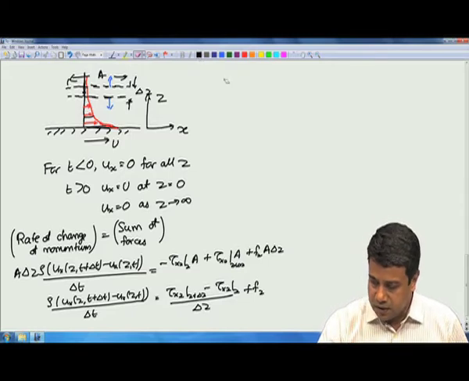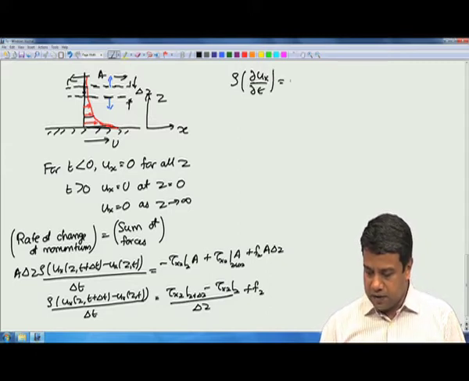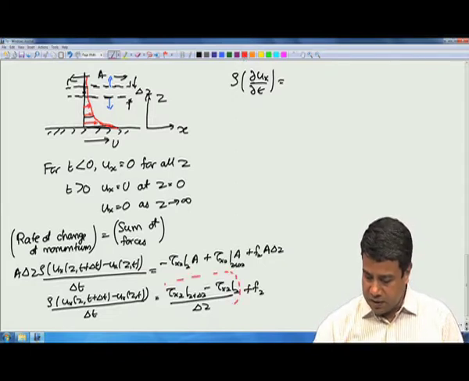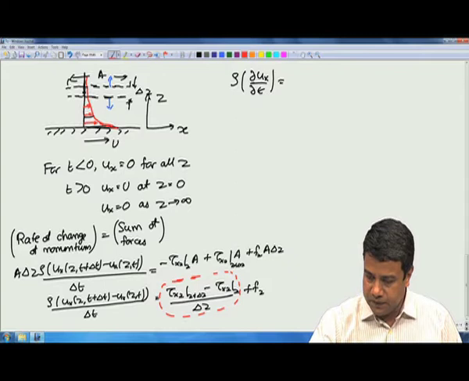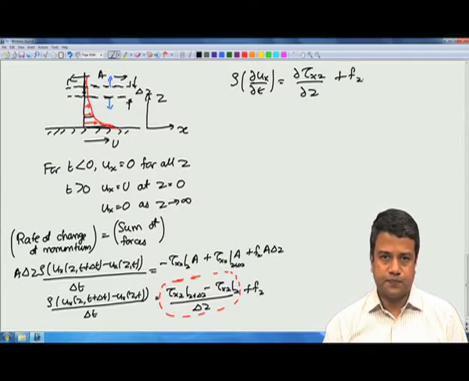You will get rho into partial ux by partial t is equal to tau x z at z plus delta z minus tau x z at z divided by delta z. So, this will be equal to partial tau x z by partial z plus f z.